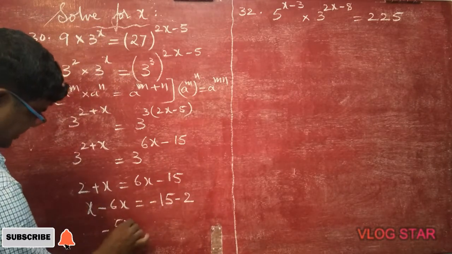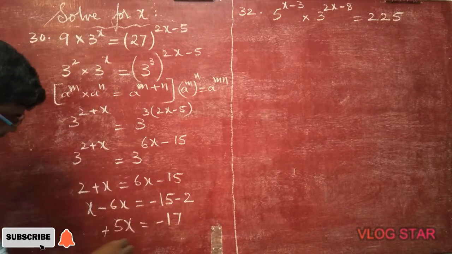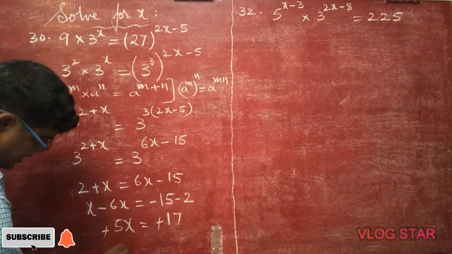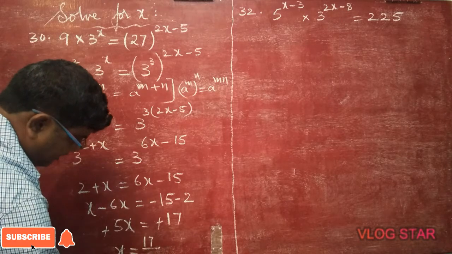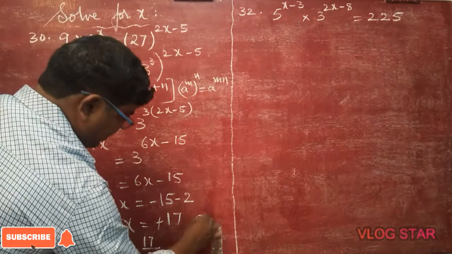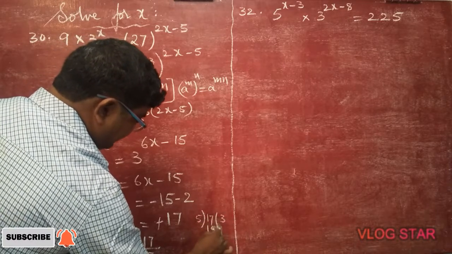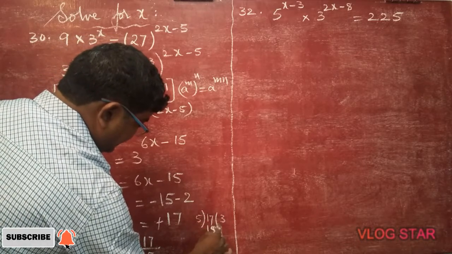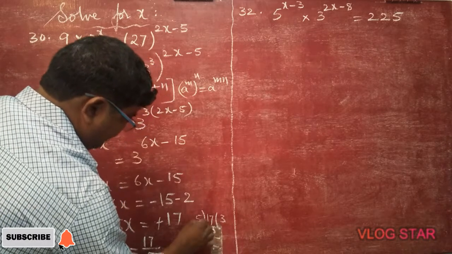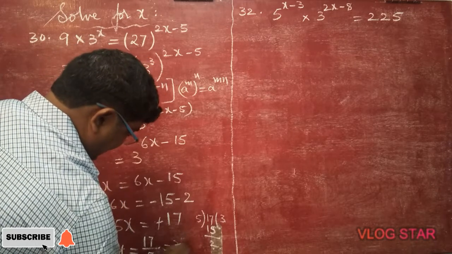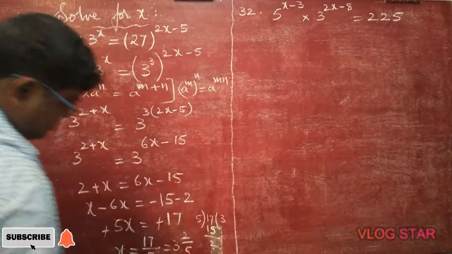Minus 5x is equal to minus 17. Minus minus get cancelled. So x is equal to 17 by 5. Divide 17 by 5: 5 3s are 15, 2 remainder. So 3 2 by 5 is the answer.